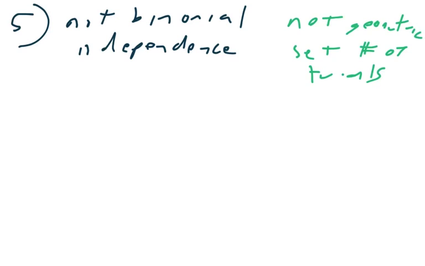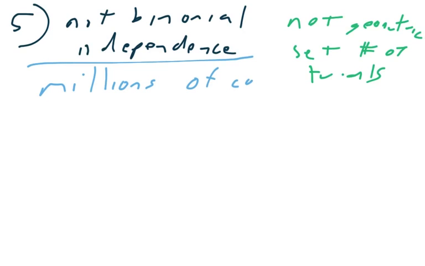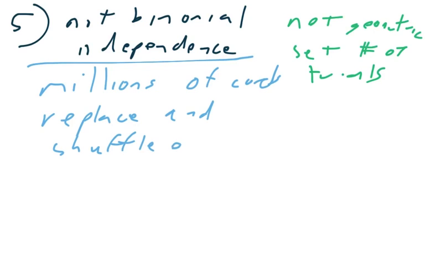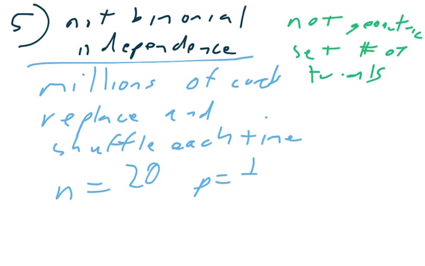However, if I wanted to change this to be a binomial, either I need to have millions of cards, or maybe not millions but thousands. Option number 2 is to replace and shuffle each time. And then we have a binomial, and the binomial would be n equals 20, and p would equal 1/4, because there are 4 different suits.